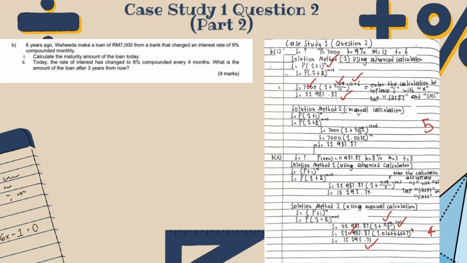Basically, the new P, or principal, is 11,987 ringgit and 87 cents from question B first Roman, k is 8%, m is 3 since it is 3 times per year, and t is 3 since it is for 3 years. The S, the final accumulated value, is 15,191 ringgit and 73 cents.